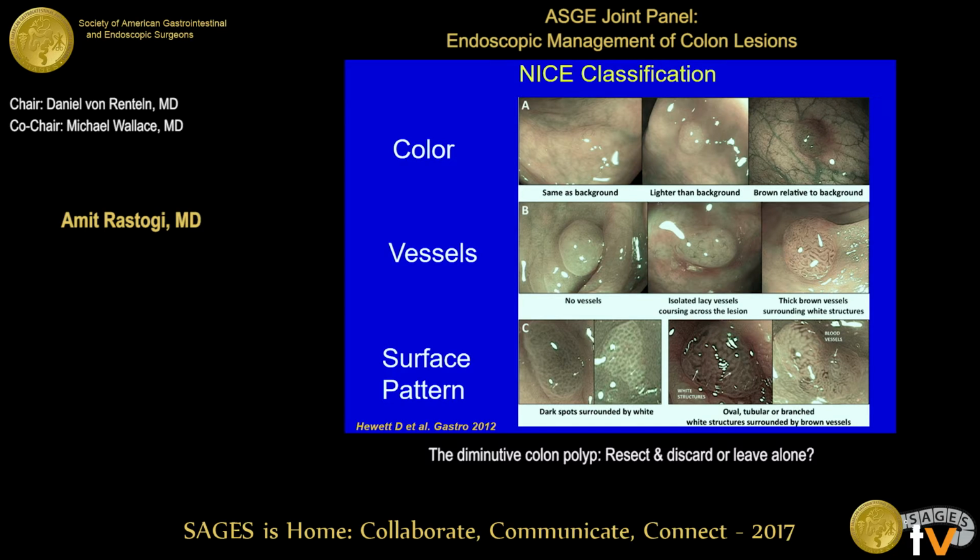If you see these dark brown linear or convoluted structures on the surface, which are vessels around the pits, that is suggestive of an adenoma. If you see these dark dots evenly spaced out over the surface of the polyp, that is suggestive of a hyperplastic polyp. And if you see oval or branched tubular white structures, which we think are pits, then it is suggestive of an adenoma.